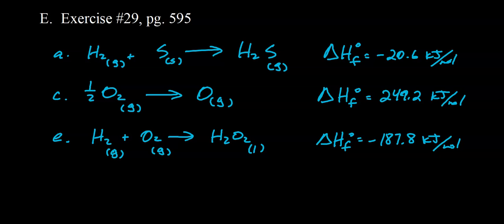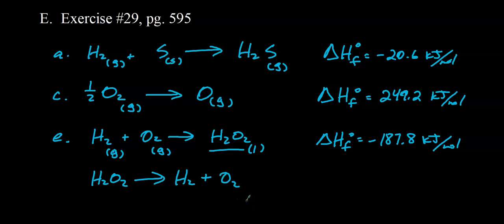How about this? What is the delta H for the, not formation of hydrogen peroxide, but decomposition of hydrogen peroxide? I'm not talking about decomposing to water and oxygen, but decomposing to hydrogen gas and oxygen gas.